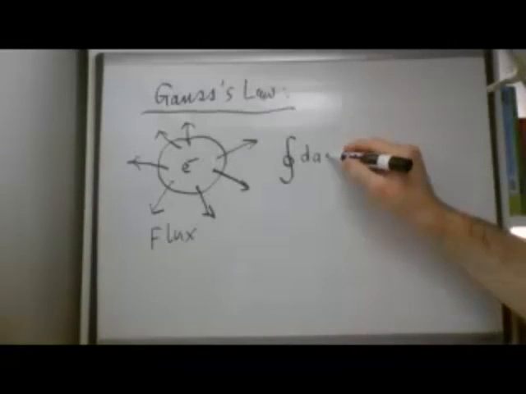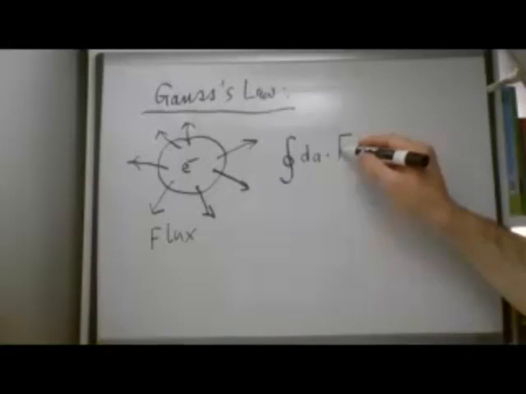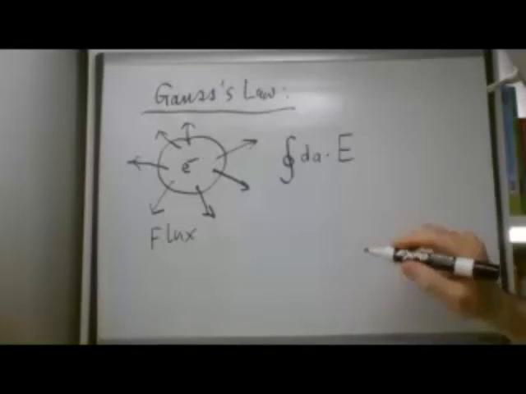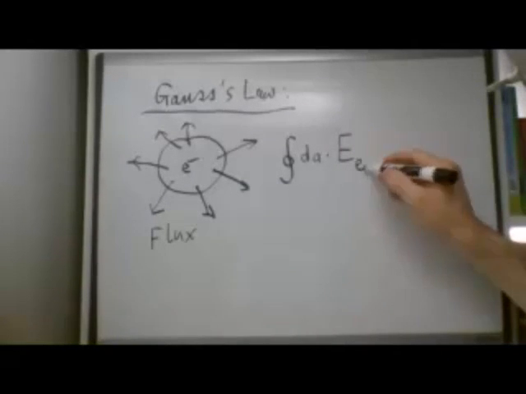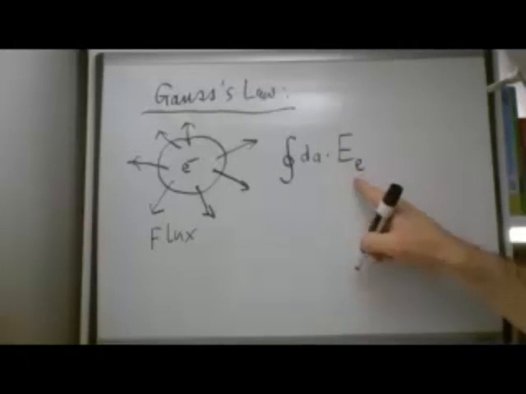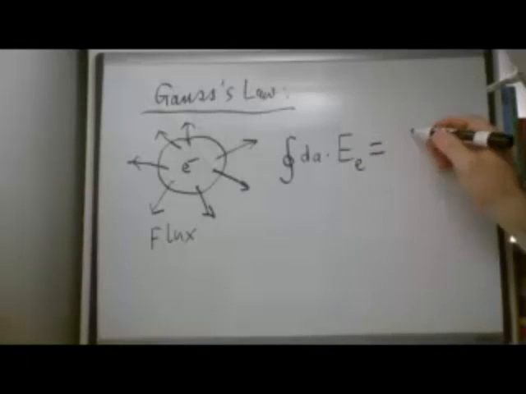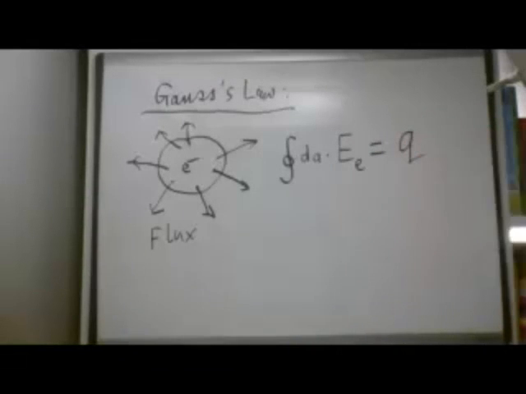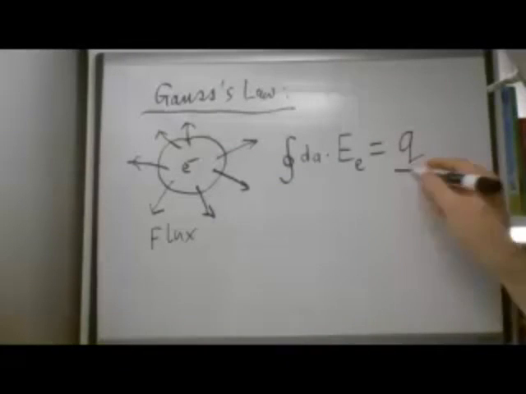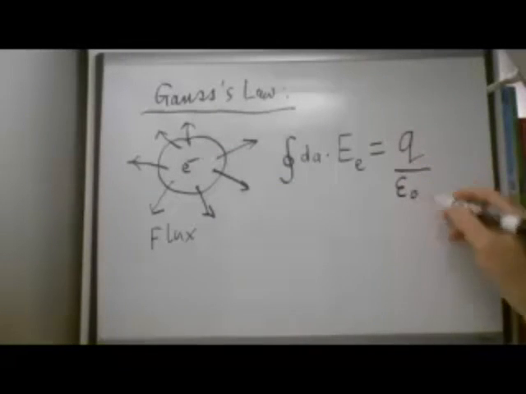We want to sum over the total area for the entire electric field of this electron. So the electric field of the electron, and we know that that's equal to the charge, let's call it Q. So that's the charge of the electron over a constant we'll call epsilon 0.